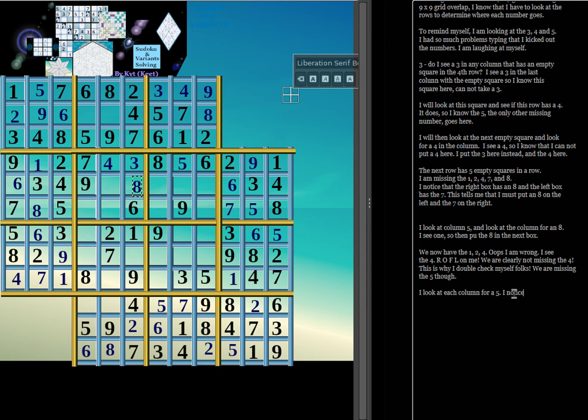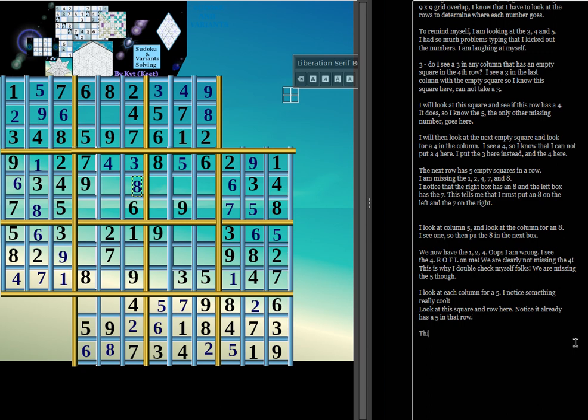I notice something really cool. Look at this square and row here. Notice it already has a 5 in that row.